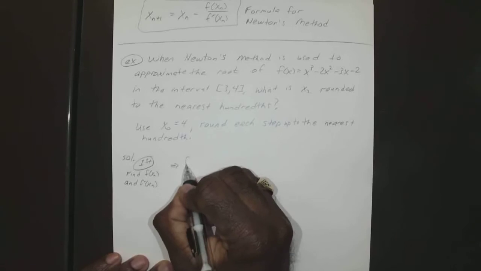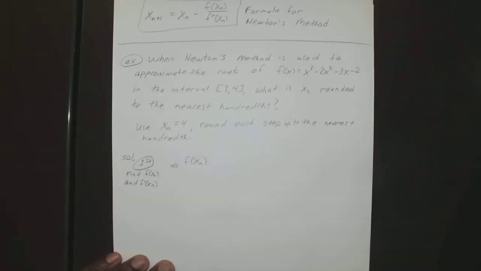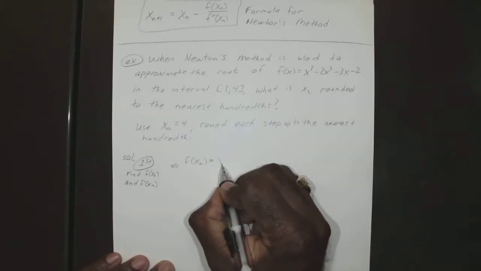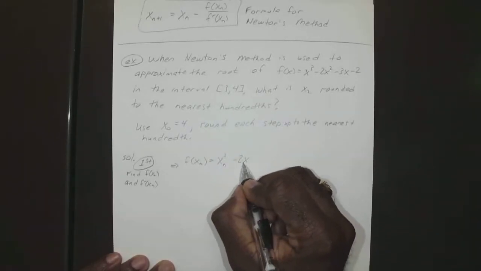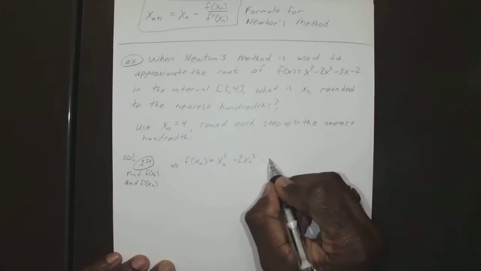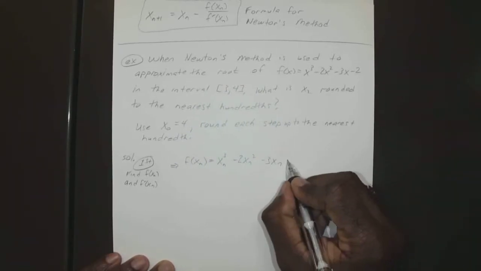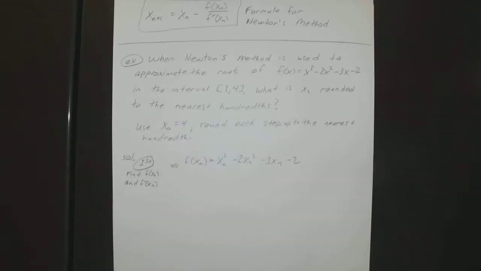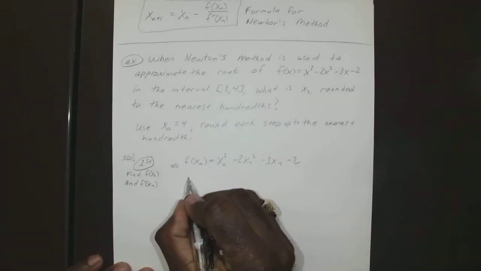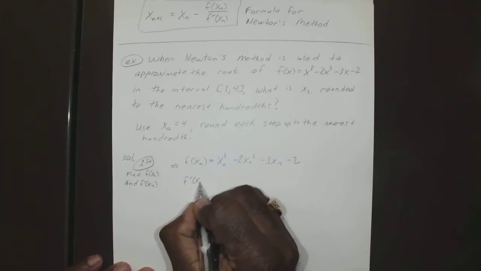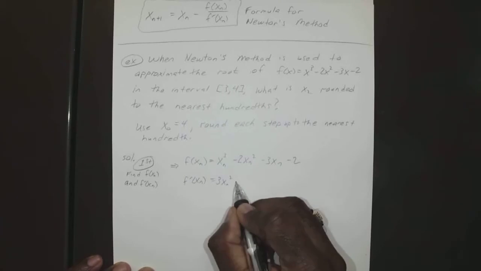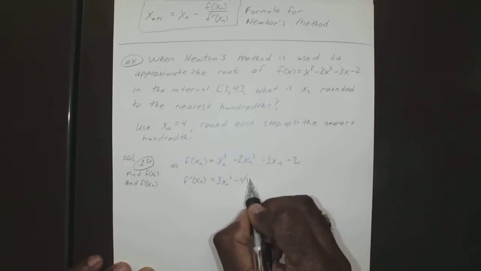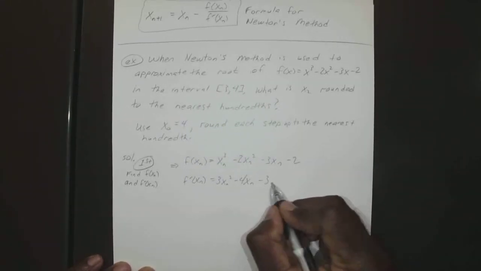So our f of x sub n is equal to x sub n cubed minus 2x sub n squared minus 3x sub n minus 2. And the derivative is just the same as the derivative of a regular x. That's 3x sub n squared minus 4x sub n minus 3.